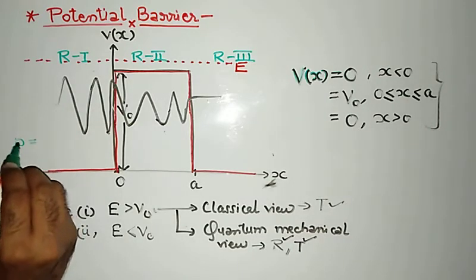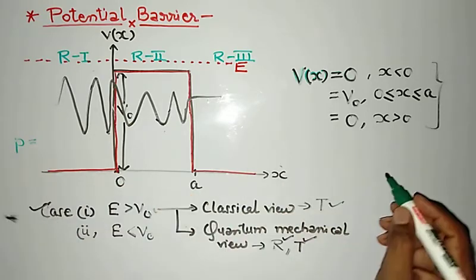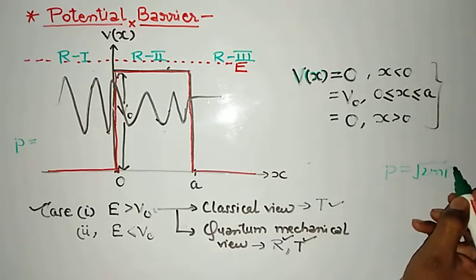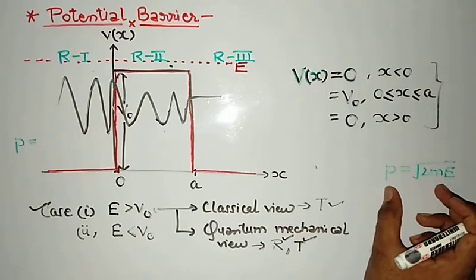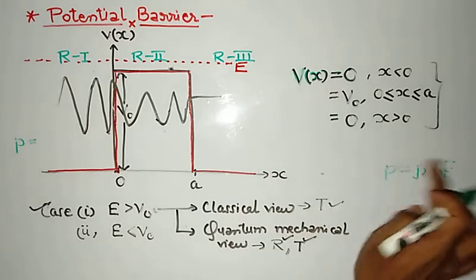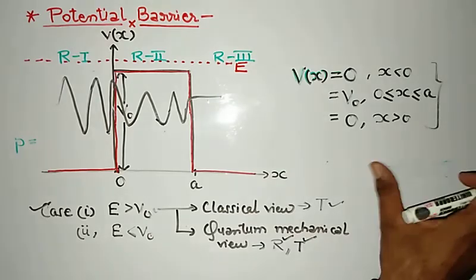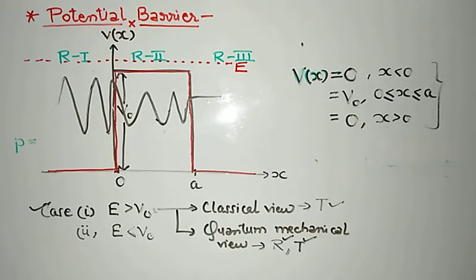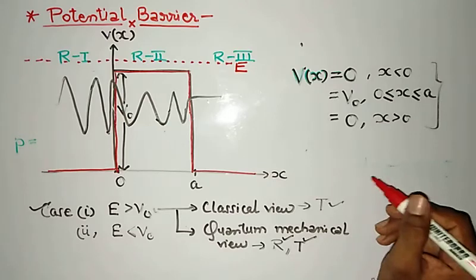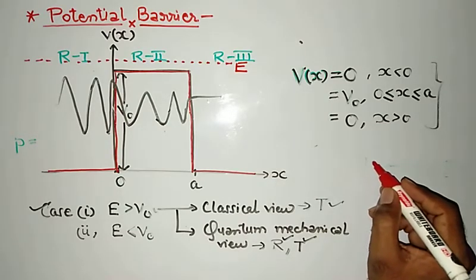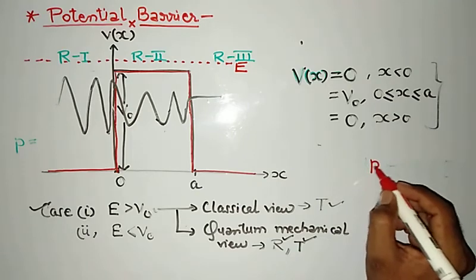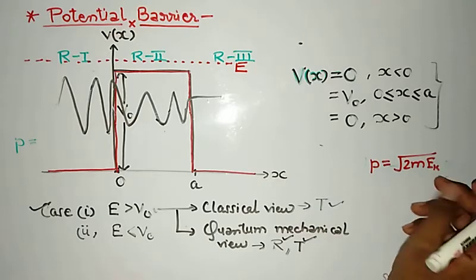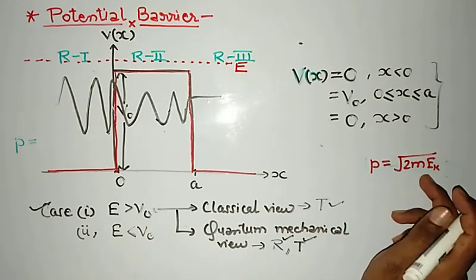Momentum p is equal to under root 2mE, general formula, or we can write one more formula for kinetic energy: p is equal to under root 2m E_k.